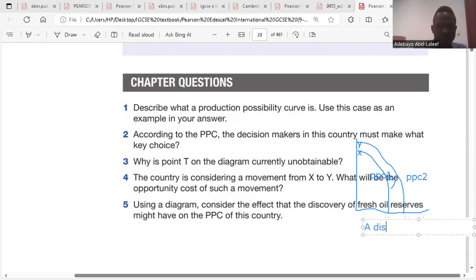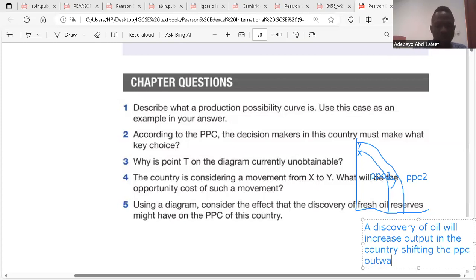A discovery of oil will increase output in the country, shifting the PPC outward from PPC1 to PPC2. That's the analysis. I think it's clear.